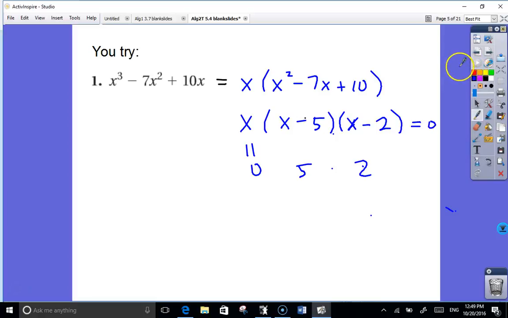Wait, so if it was not an x on the outside, but say 5, would it still be 0? No. 5 cannot equal 0. The zero product property says when you multiply factors together and get a product of 0, then one of the factors must have been 0. Now, if you had 5 instead of x there, 5 is clearly not going to be the source of the 0.